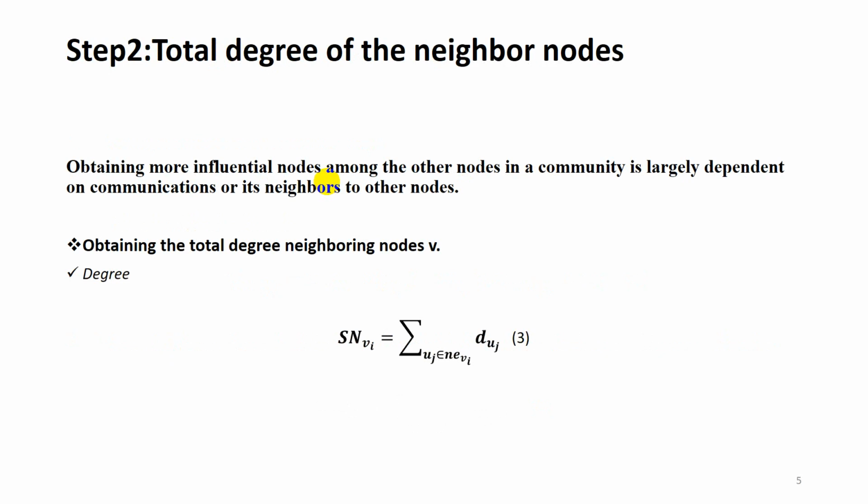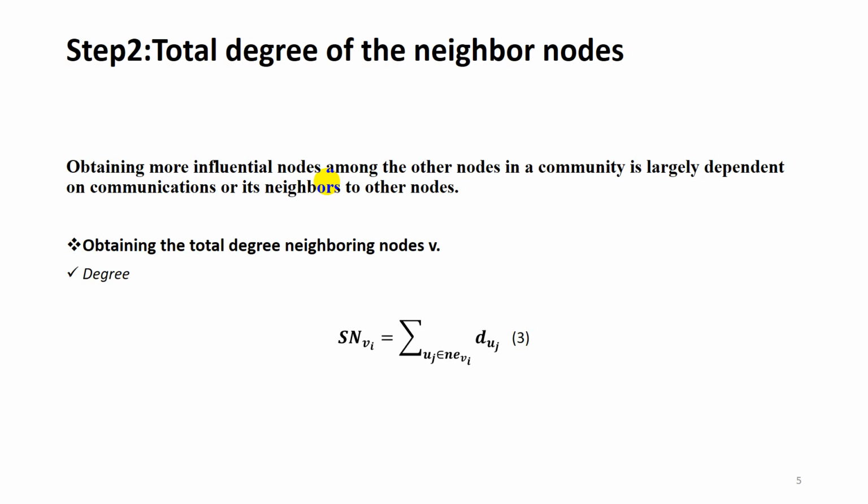Step 2. Total degree of the neighbor nodes. Obtaining more influential nodes among the other nodes in a community is largely dependent on communication with its neighbors. The communication rate of this node and its influence was determined by obtaining the total degree of neighboring nodes of Vi.